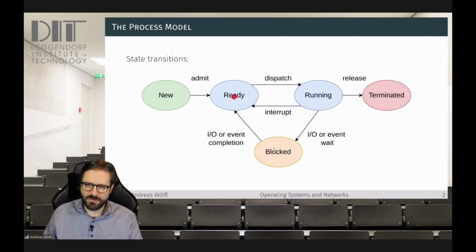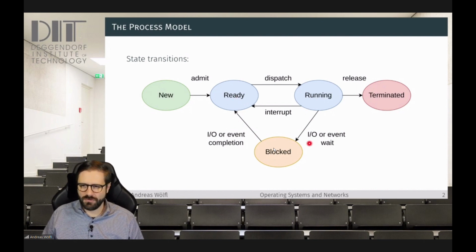And then the process transitions from ready to running. If the operating system then takes away the CPU, the process is interrupted and it goes to the ready state again. And this happens all the time. This is called a context switch, where the CPU is assigned to another process.